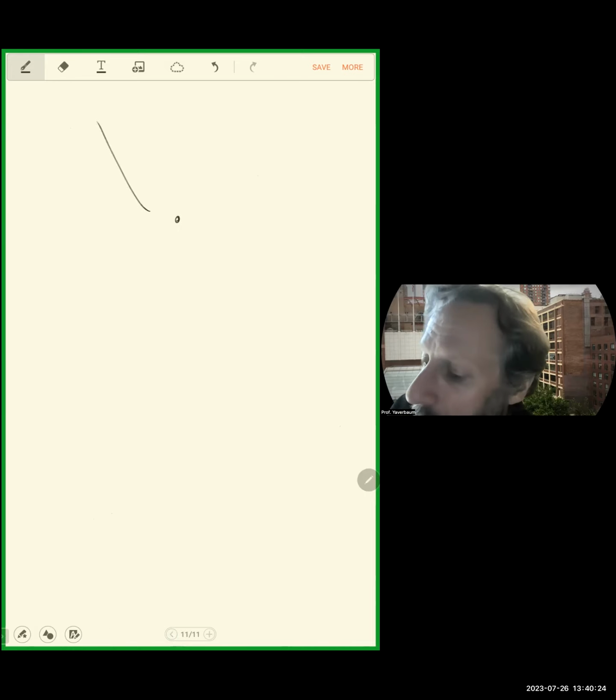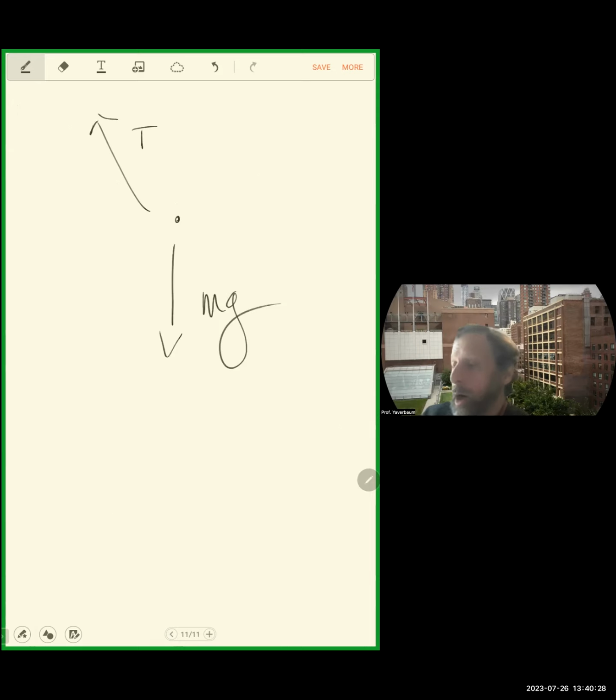If this was your original free body diagram, those forces are neither parallel nor perpendicular with each other. We've got to break them into components. X, Y, and Z components? Well, no, because this thing's traveling in a curve. We want to break them into components that are appropriate for something traveling in a curve.